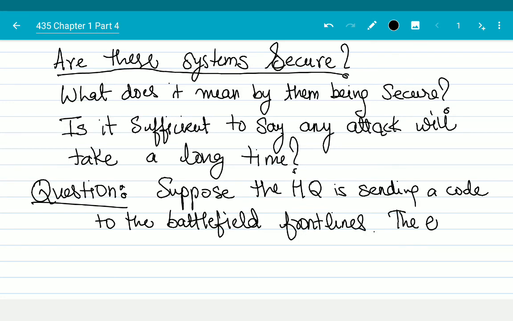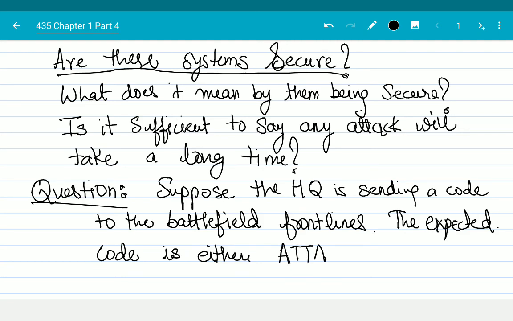The expected code is either attack or retreat.